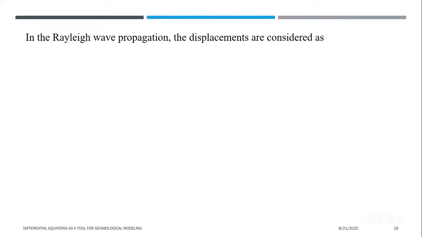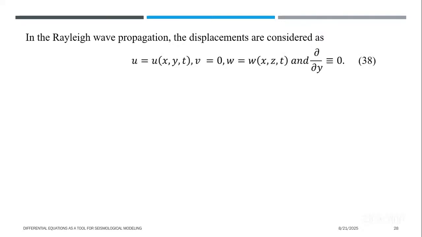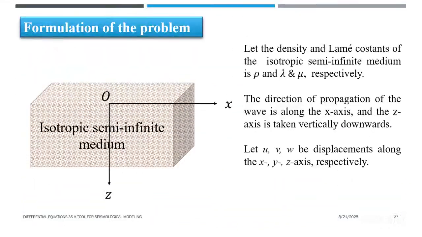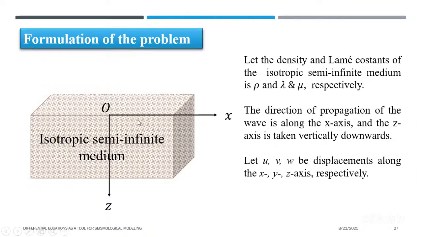In Rayleigh wave propagation, the particle motion is different as compared to Love wave. We already saw in the animation what that displacement pattern is: u is a function of x, z, and t, and w is a function of x, z, and t. Since it is both dilatational and distortional, the propagation will happen in an elliptical fashion.